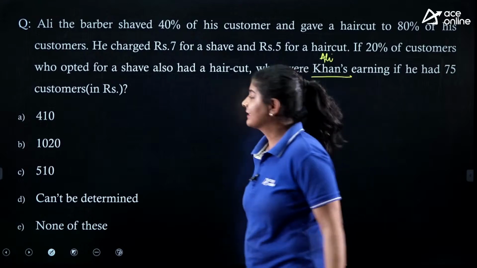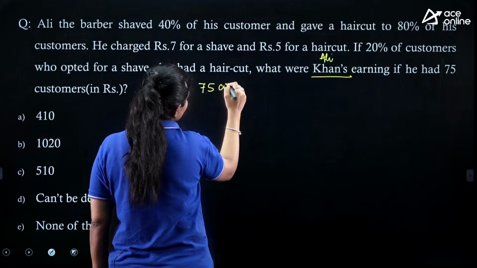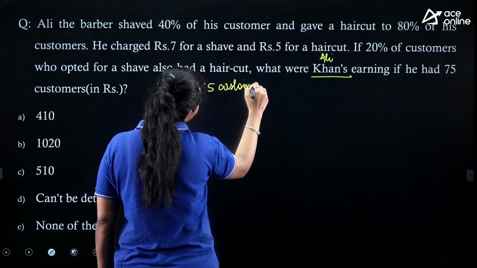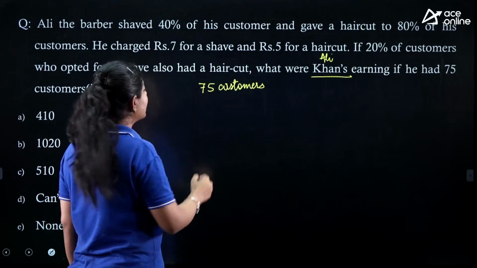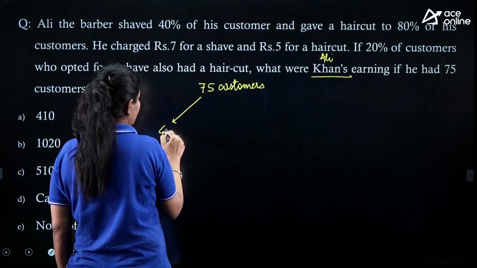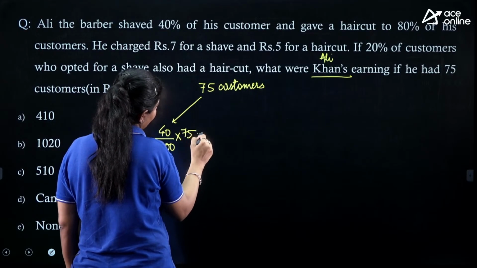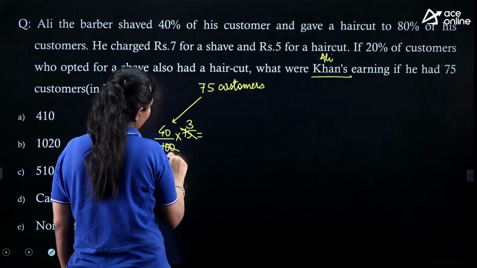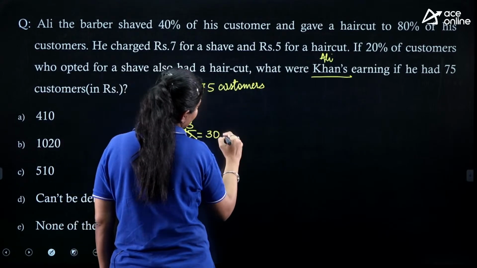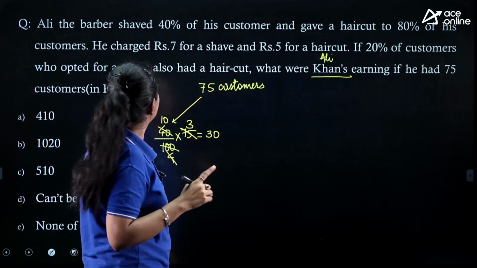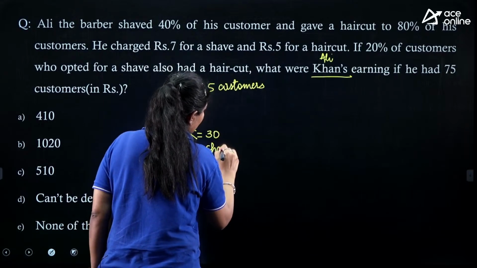Okay, let's start discussing. So basically we are having 75 customers, right? Out of these 75 customers, 40% of it, 40% of 75, so basically 30 customers opted for the shave, right?